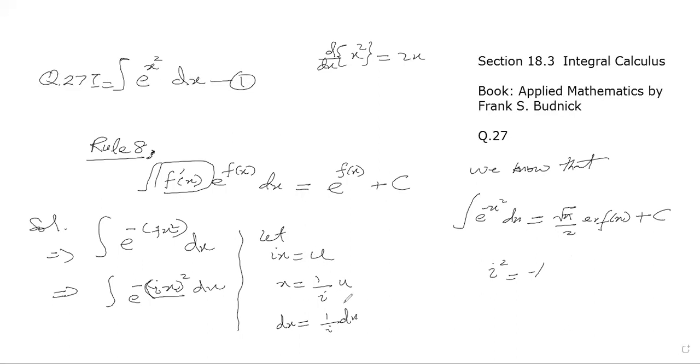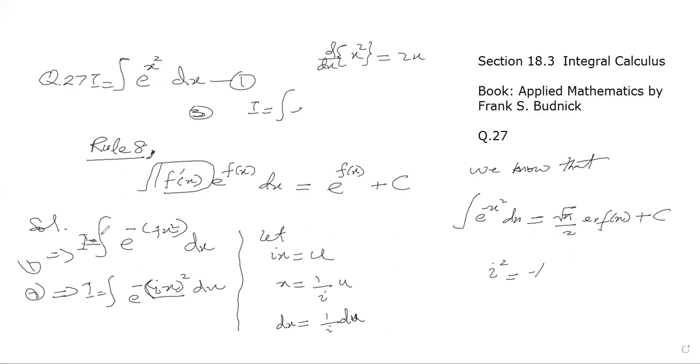This is the second step, this is the first step, this is the third step. I is equal to, this is capital I, just a supposition.